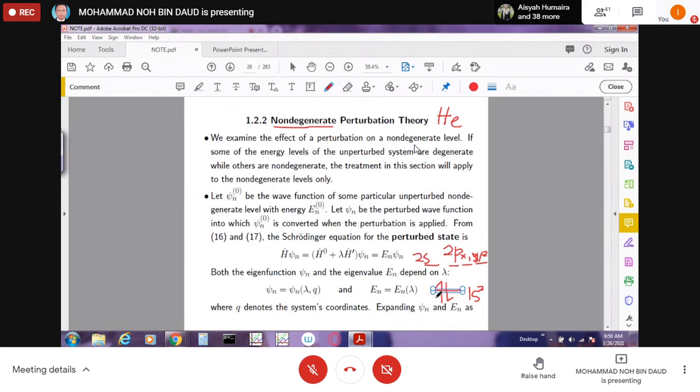You learned in physical chemistry 1. In quantum mechanics, degenerate means when two particles or two systems have the same energy but different wave functions. Meaning that here, these two electrons have the same energy but different orientations in space around a nucleus.